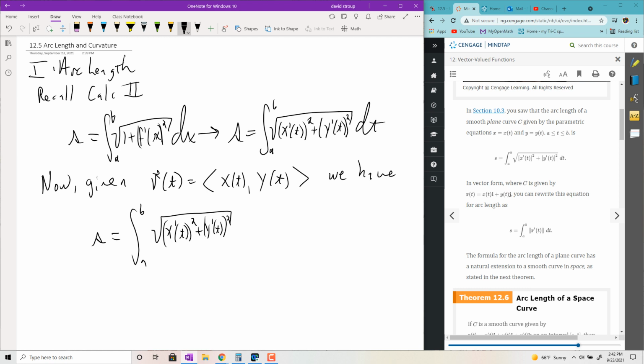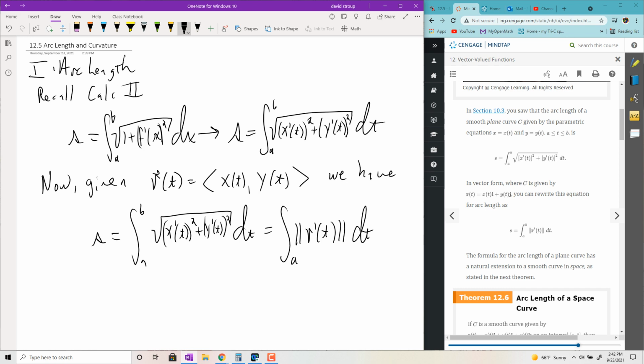The cool thing now is that we can rewrite this formula, noting that the integrand is just the magnitude of the derivative of the position vector. So I can rewrite that as the integral of the magnitude of r prime of t dt.